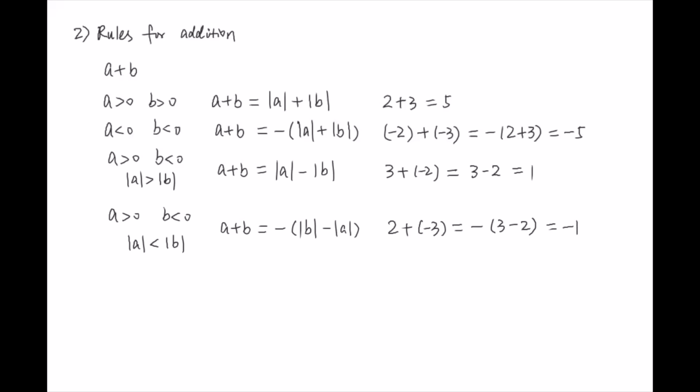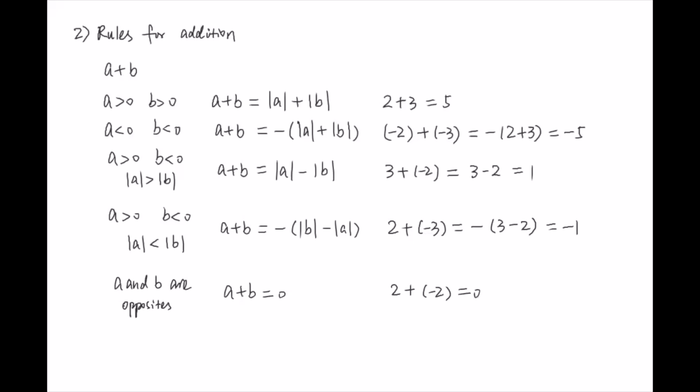Next situation, a and b are opposites. Then a plus b is 0. For example, 2 plus negative 2 is 0.